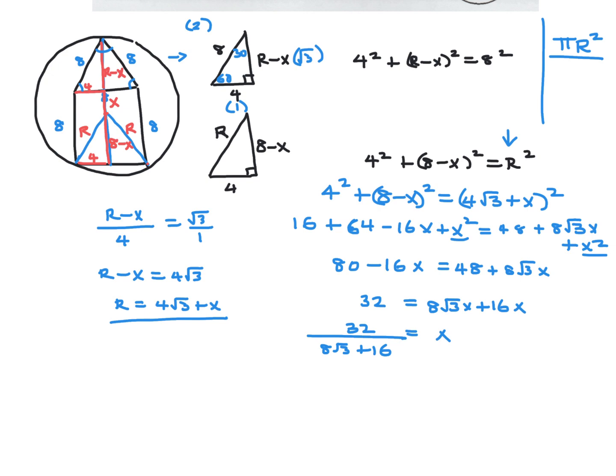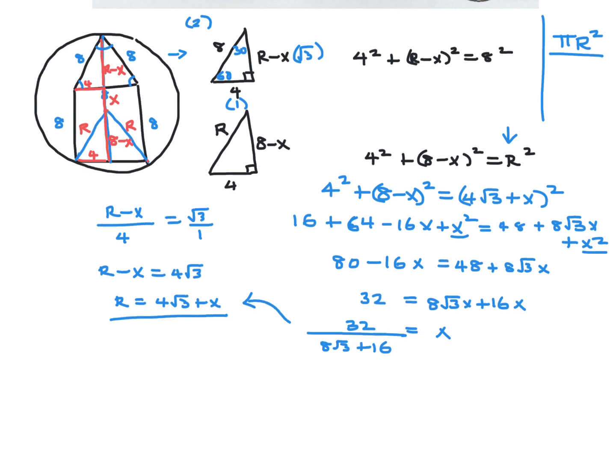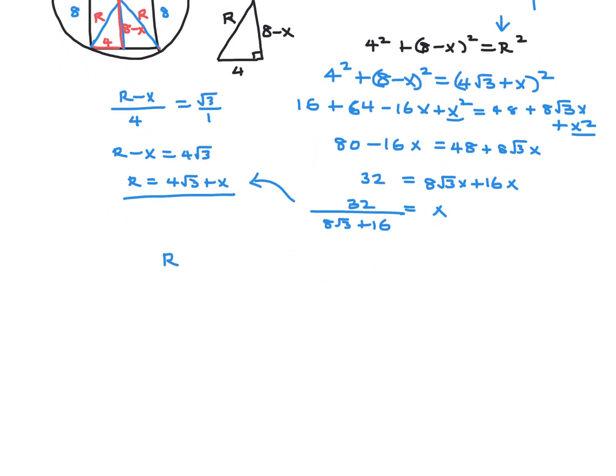So now we can substitute this here to figure out R. R is 4 root 3 plus 32 over 8 root 3 plus 16. Well, calculators are allowed, so you've got a couple of choices.